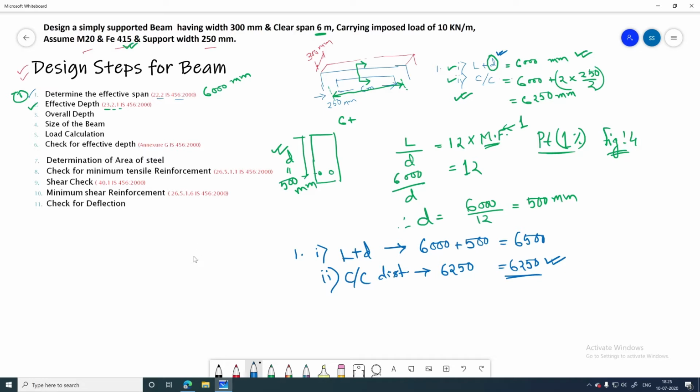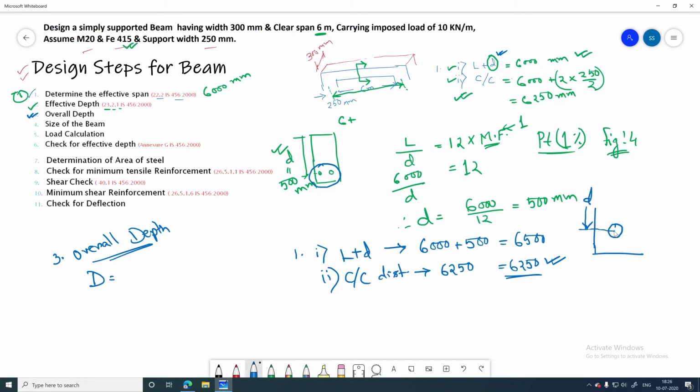Now let's determine the overall depth. So point number 3, the overall depth. This is the overall depth. Now if I know this value, that is small d, and I zoom into this portion, up to this portion it is d, right?